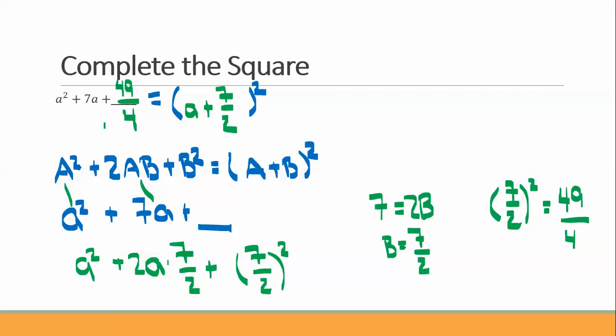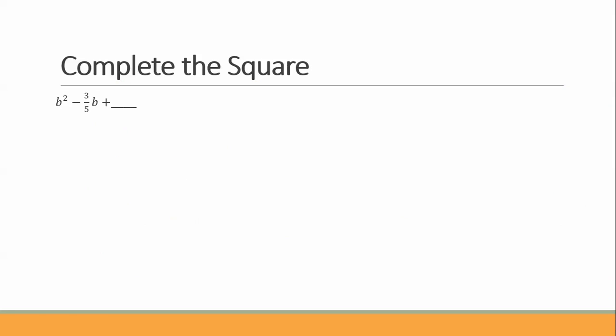So again, just because this isn't even doesn't mean that we can't complete the square. We can even complete the square if it's a fraction. So really all we're looking for is what this 3/5 has got to be 2 times something.